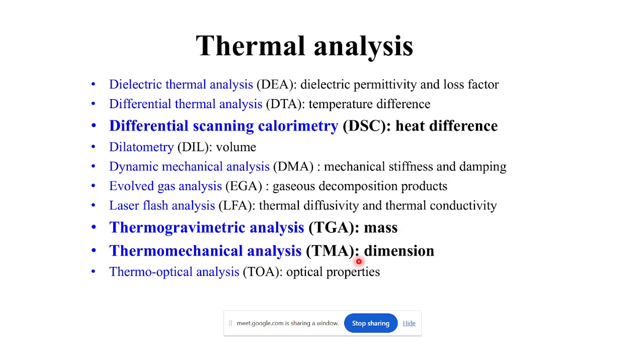And thermomechanical analysis, so you are scanning the temperature and you are measuring the change in the dimension of the material. And in thermo-optical analysis, you are checking the optical properties or optical changes that happen with respect to the temperature.